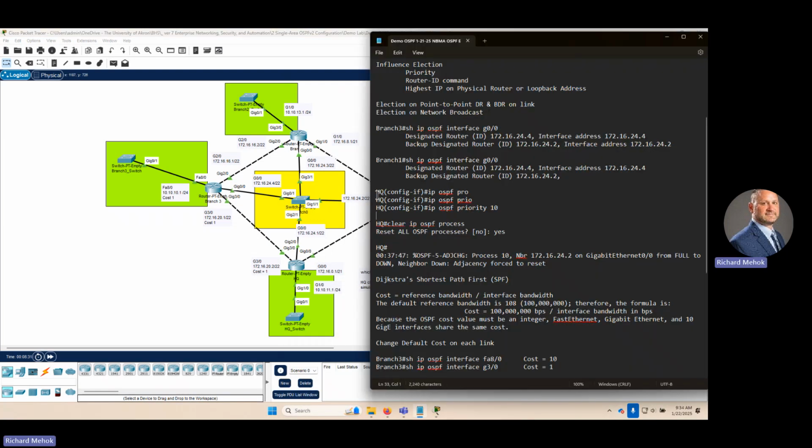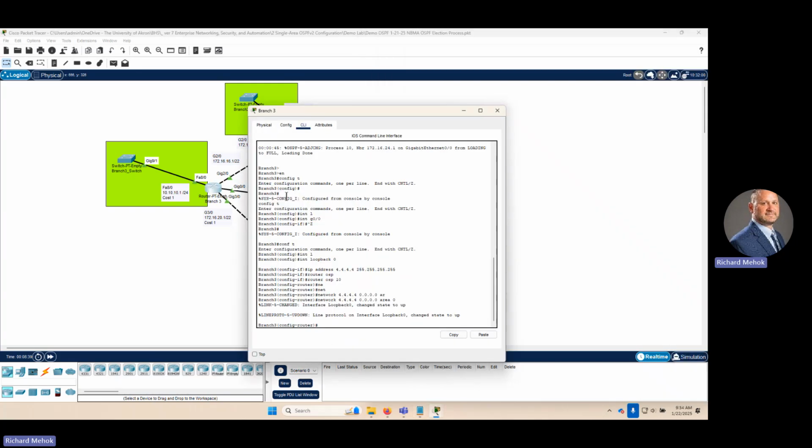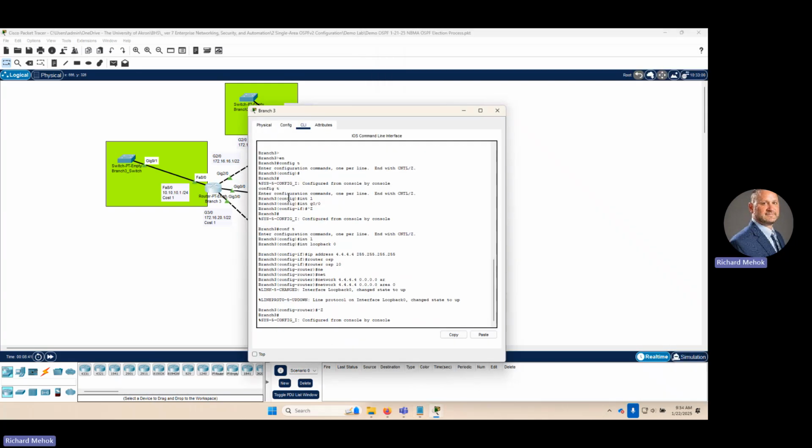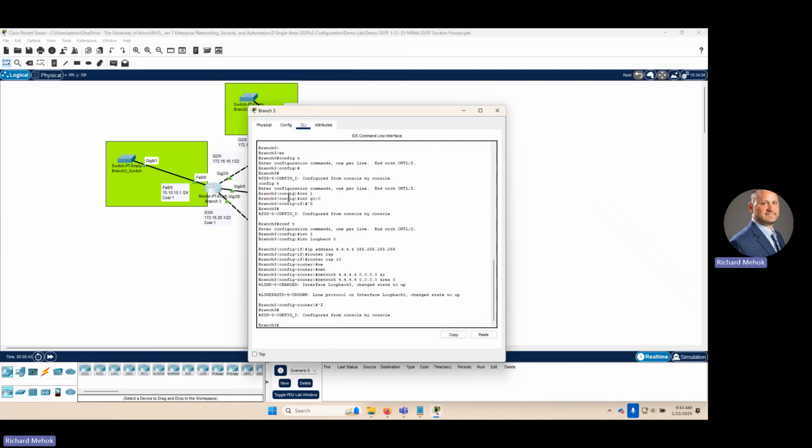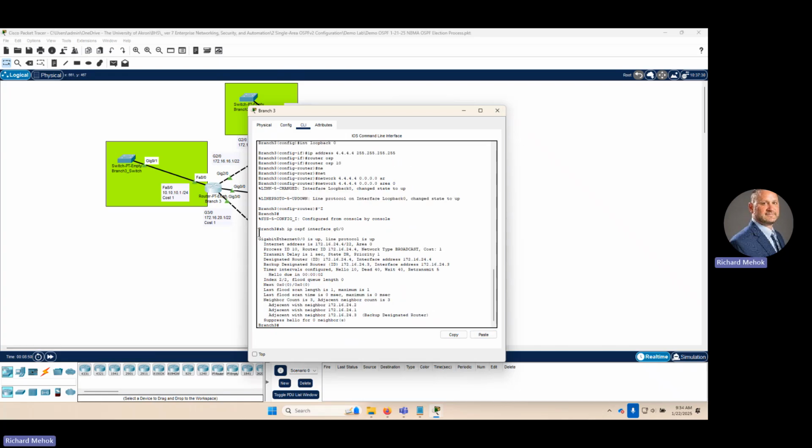So let's see who currently is the DR by doing show on branch 3. Let's see the output here. So I'm going to get out of config. So I'm in branch privilege mode. So on branch 3, your process ID is 10. Here's your router ID .4. It's a broadcast network with a cost of 1.